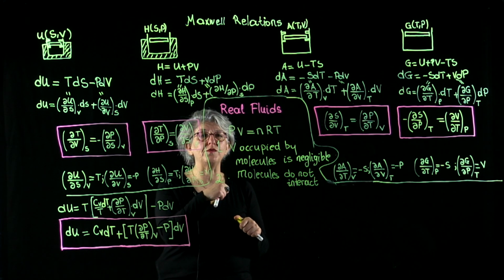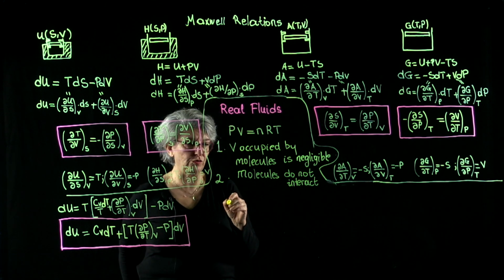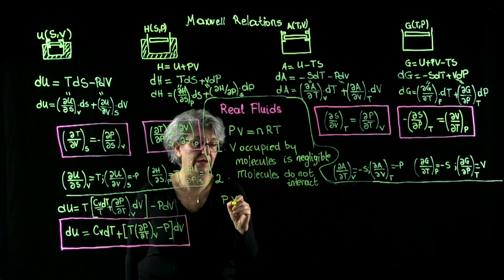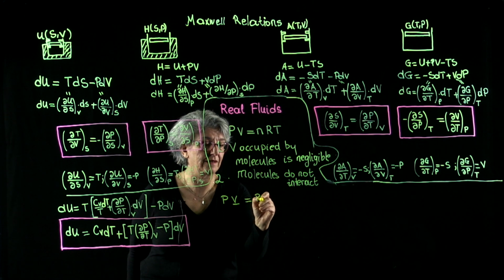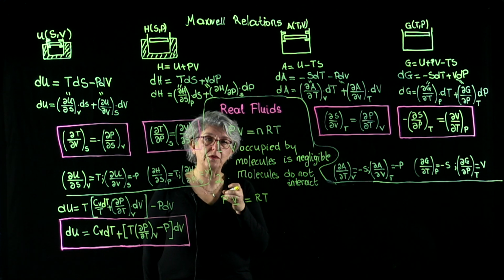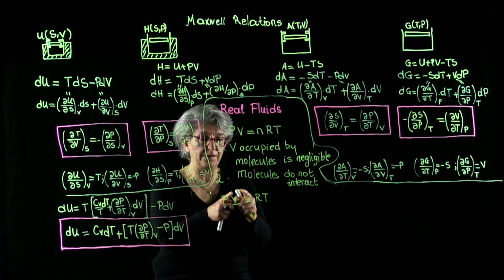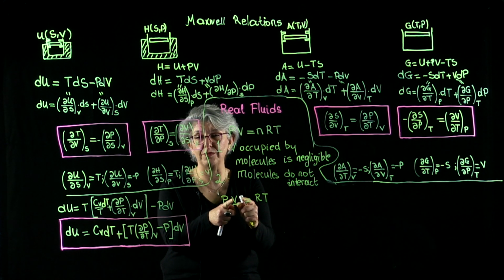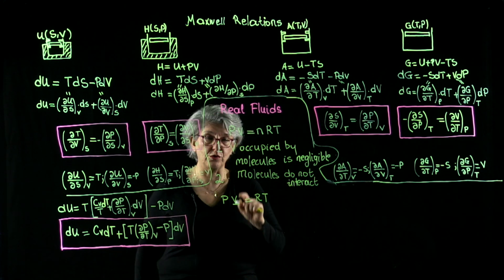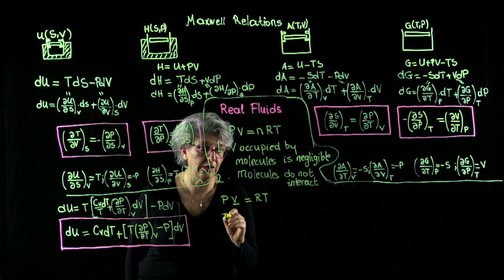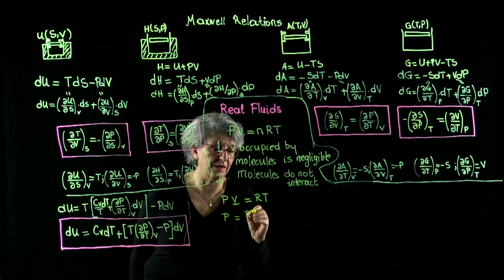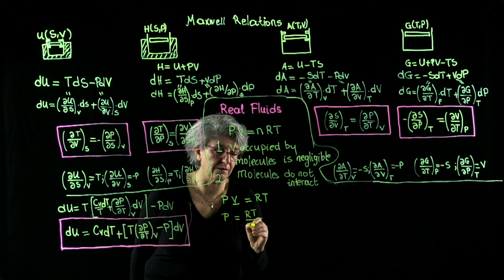Now, in order to remove this first assumption, what we are going to do is, first of course, start from an intensive V, all right? And we are going to account for the volume of the molecules. So if this volume has to be the volume of the void, then I have to subtract from the total volume the volume of the molecules. P is equal to RT over V minus b.